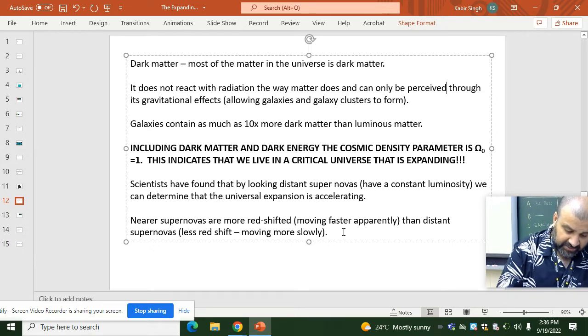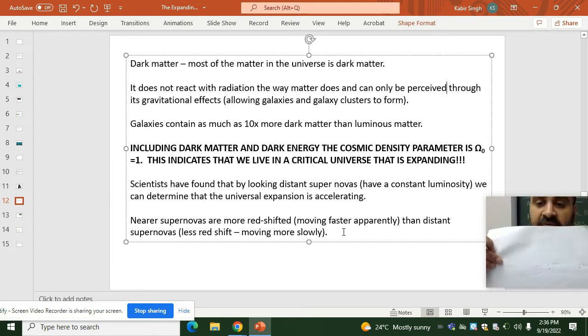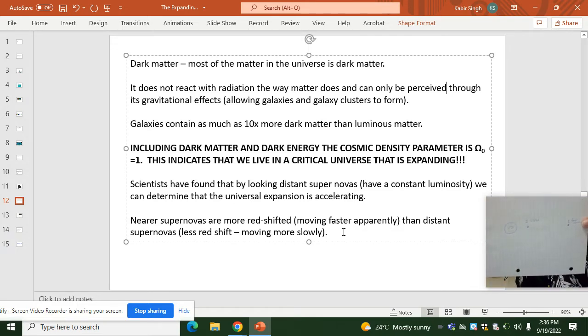I'm going to mark two supernovas here. There's supernova 1, far away, and number 2, close. I don't know if you can see it. I hope you can. Let's get a little closer. I can't see because I'm blocking the camera with the paper.